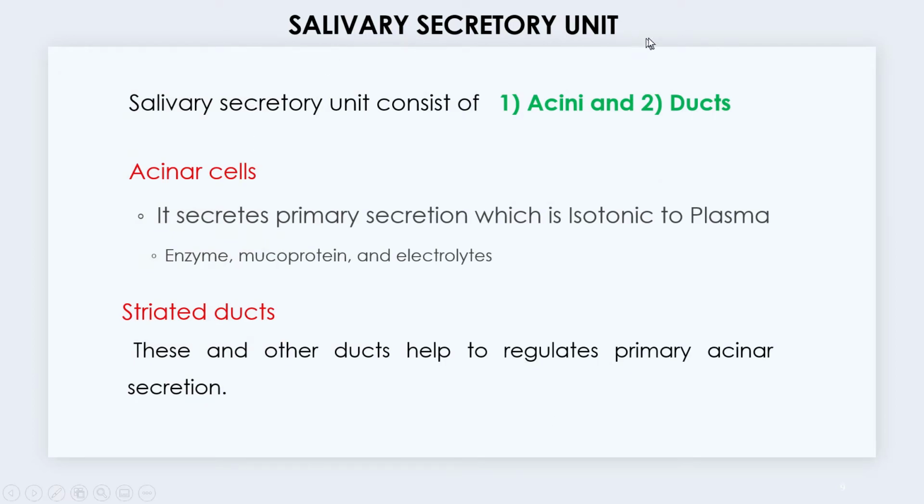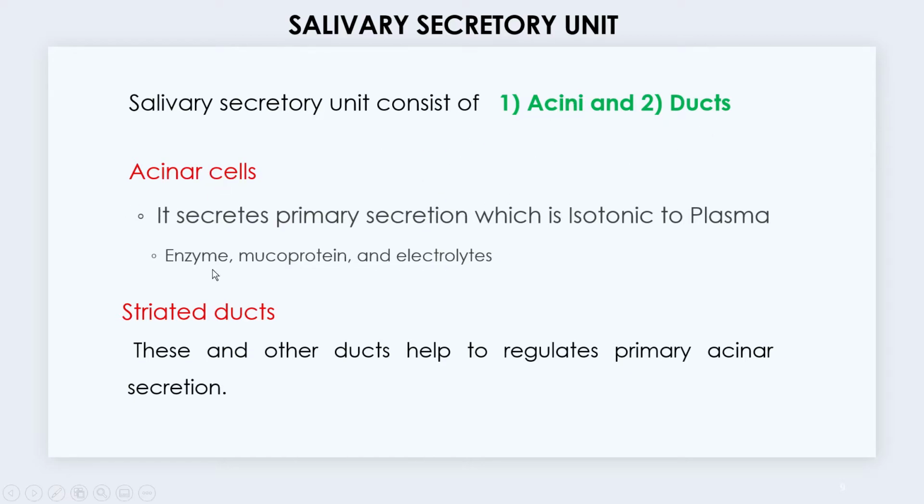Salivary secretory unit. What is the salivary secretory unit? Basically, the salivary secretory unit consists of acini and duct. So you can say that there are two major factors responsible to produce saliva and transport the saliva up to the oral cavity. One is the acini, and another one is the duct.